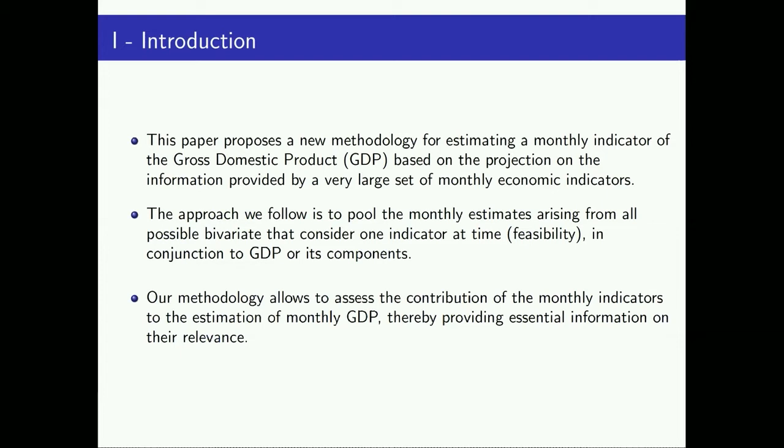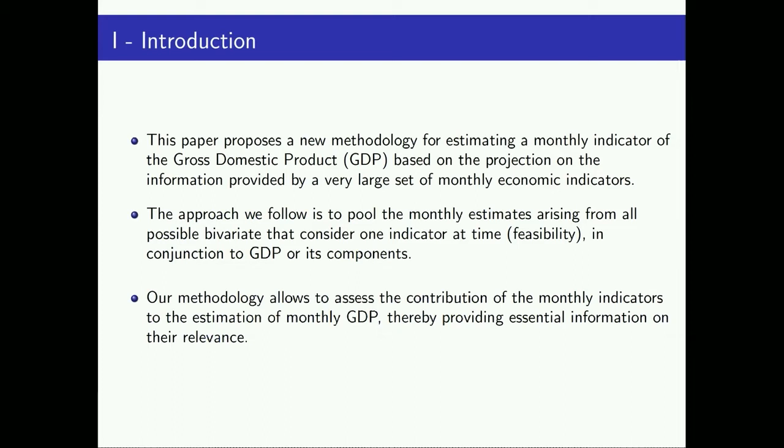In this way, we overcome the curse of dimensionality, of course, because we have just a very small model. But the problem arises when we want to aggregate all the estimates that come from each single indicator, and this is the subject of the second step. We need a weighting scheme, a procedure that allows us to aggregate all the estimates that come from the previous step.